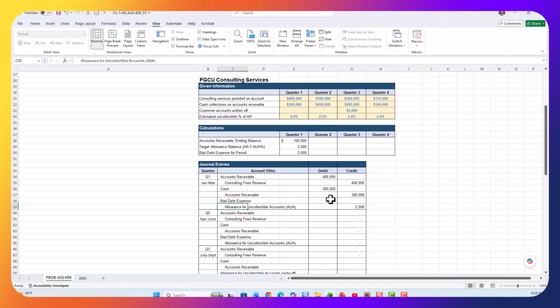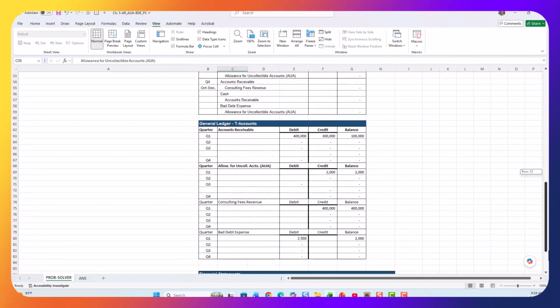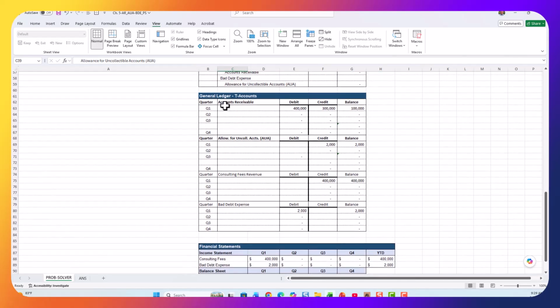Now let's take a look at our general ledger, which resembles T accounts. Our accounts receivable is an asset. As an asset, it has a debit balance of $100,000. The debit postings exceed the credit postings.